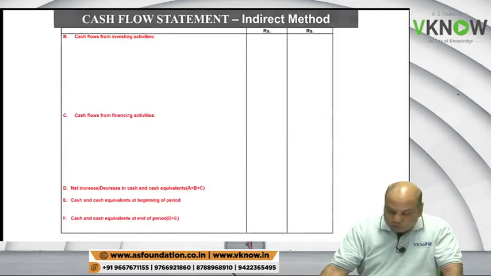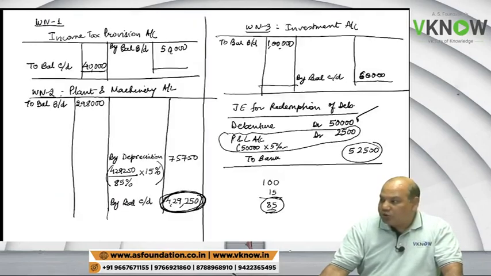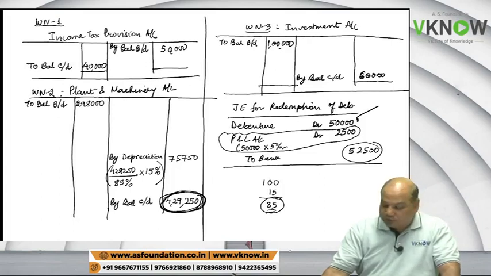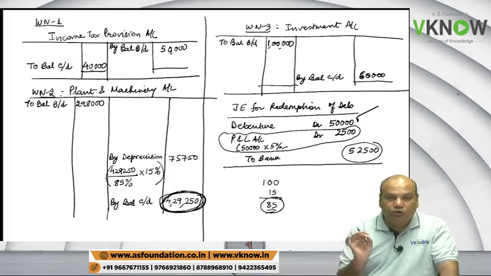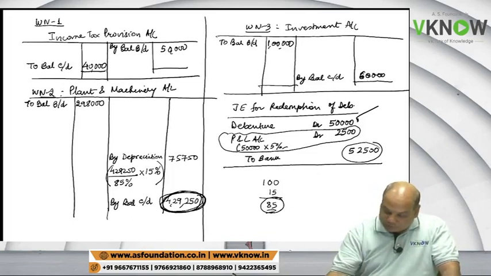Point number 2. In your question book, adjustment number 2, old machine costing 50,000, WDV 20,000 was sold for 35,000. So I am going to pass two entries. First, I will write here by bank.